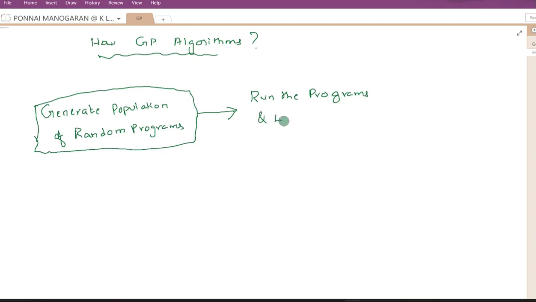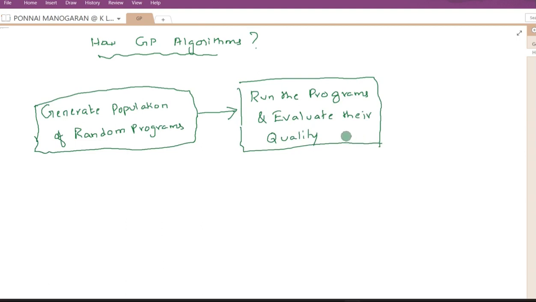Run the programs and evaluate their quality. Depending upon the application, we will have different quality parameters. Say for example, if it is a classification task, you can use accuracy as one of the parameters.